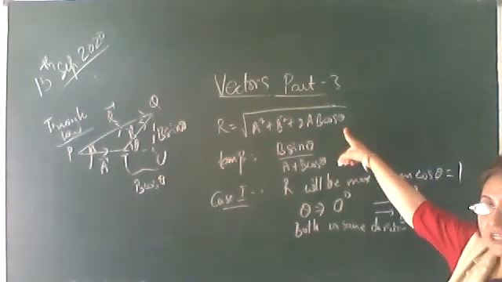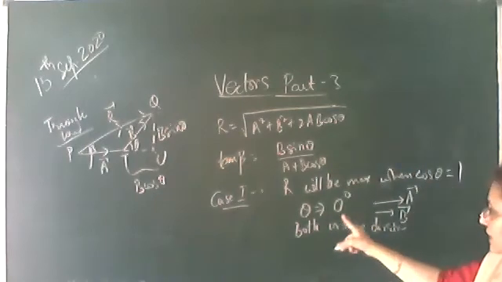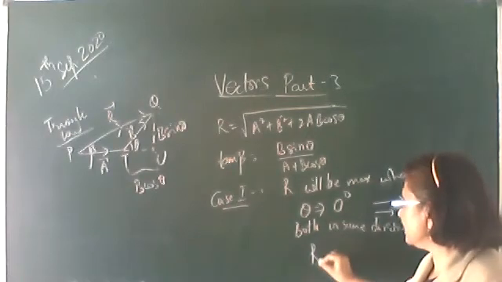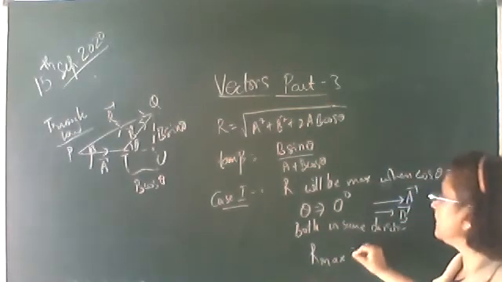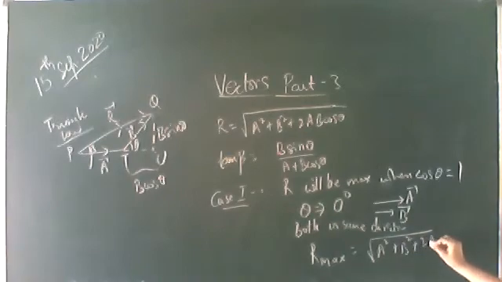Okay, so here we have derived this formula when they are acting at some angle theta. When theta is equal to 0, put it over here. And what will be the maximum resultant? Under root A square plus B square plus 2AB cos theta, with cos theta being 1, can be written as A plus B whole square.